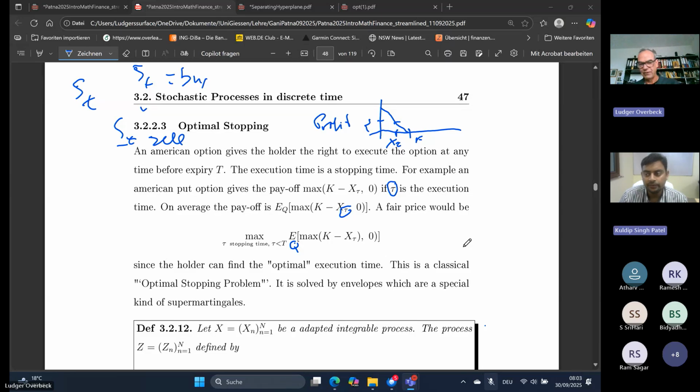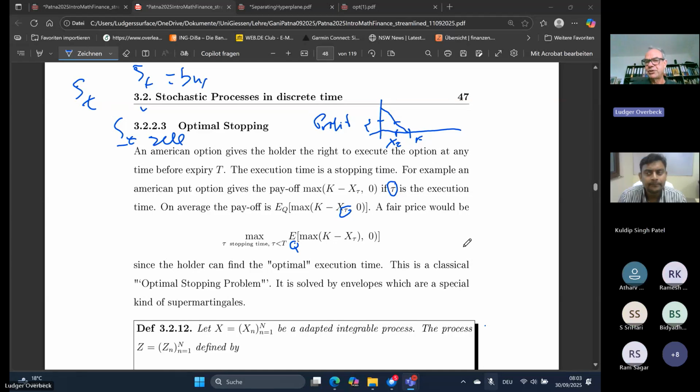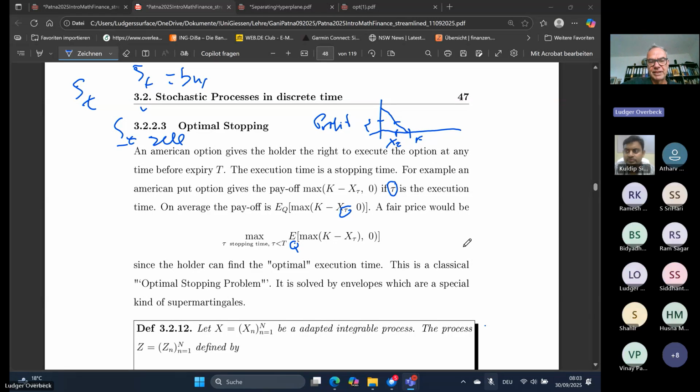So this means the payout. I don't know whether in the other classes you already had mentioned American options.